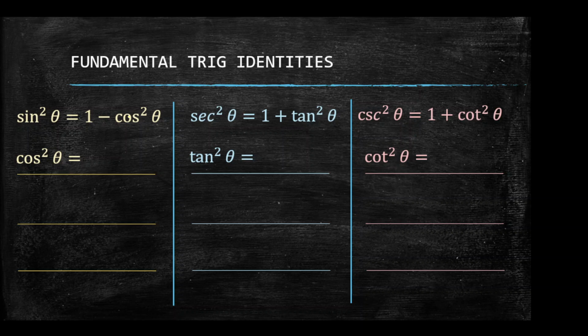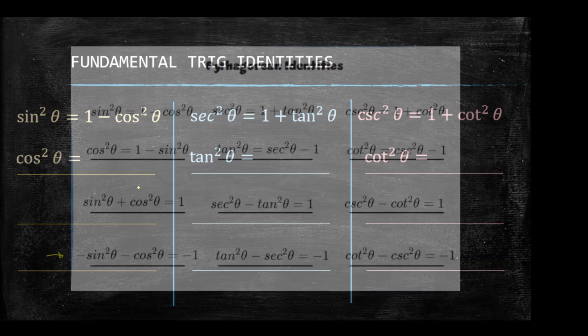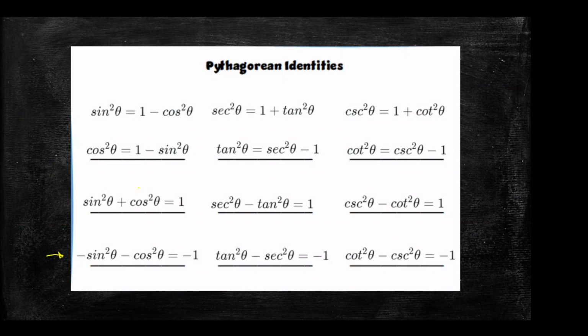For example, if I switch sides with this, if I added cosine squared to both sides and subtracted sine squared, I'd get 1 minus sine squared theta. Now, I'm not going to take the time in class right now to complete this whole thing. This is the table showing all of those different values.